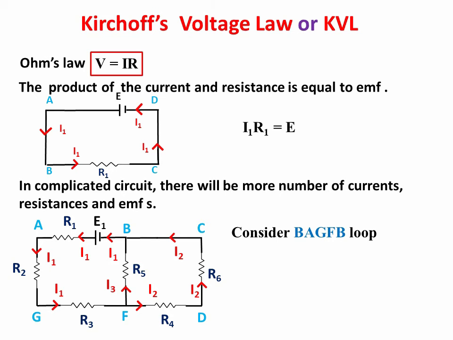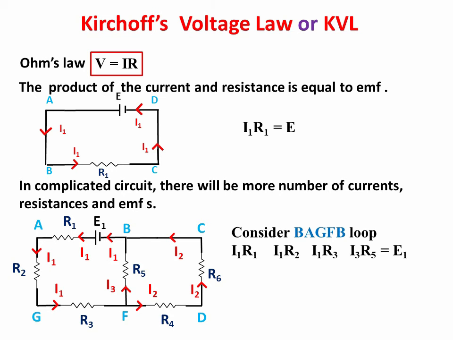F and B, I3 into R5, which is equal to the EMF in that loop. In that loop, a battery is given, so you have to put E1.